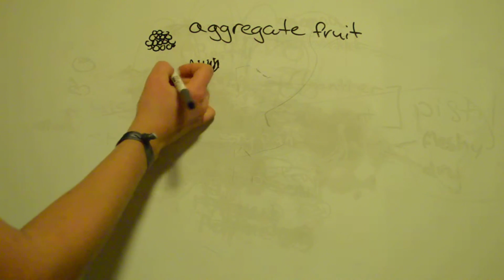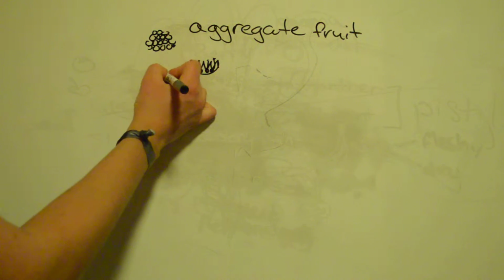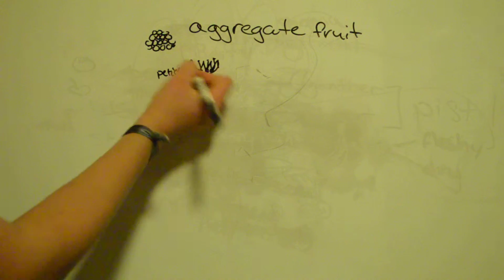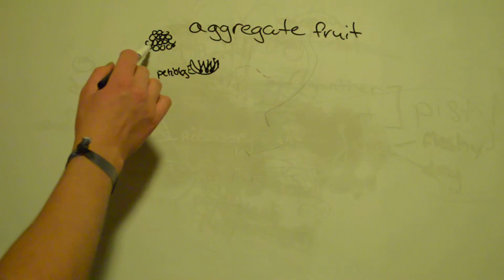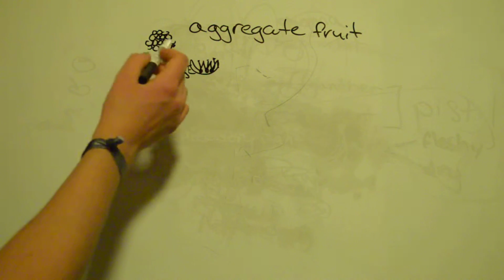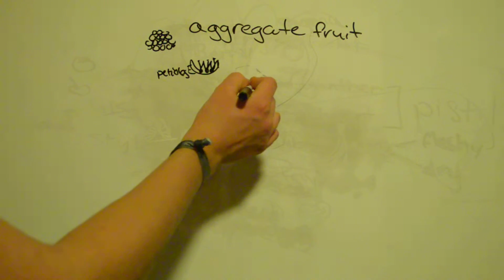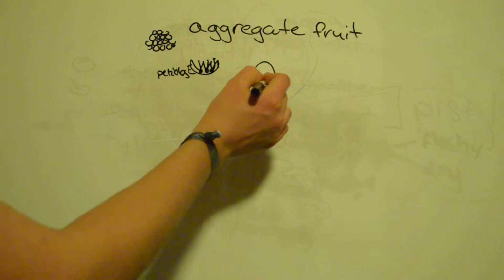So there's a whole bunch of petioles in this one plant, and all of those are going to give rise to a little bitty berry. So that's going to be a raspberry, or another good example is a strawberry.